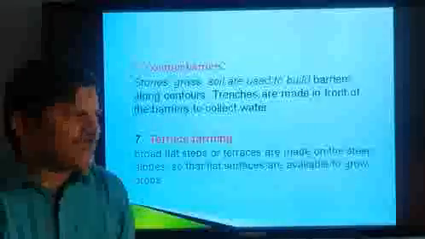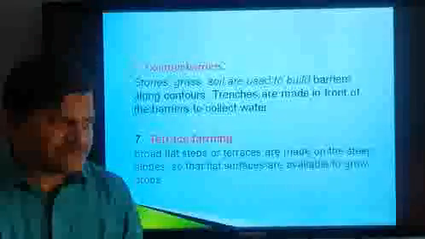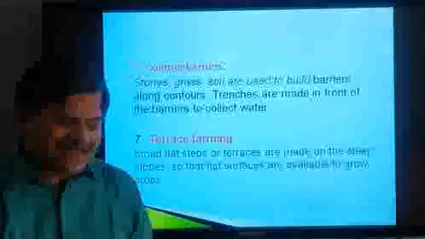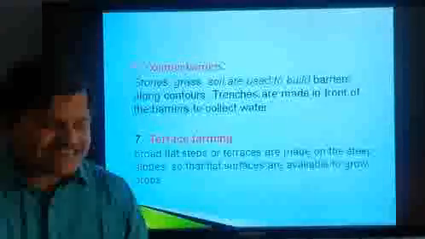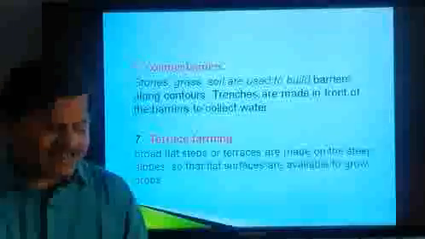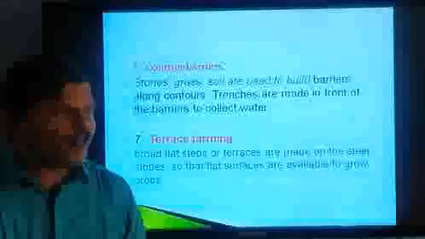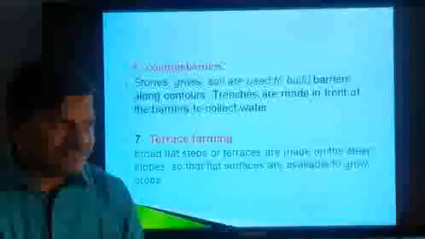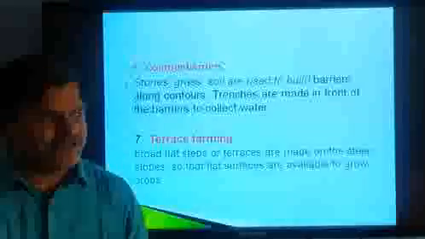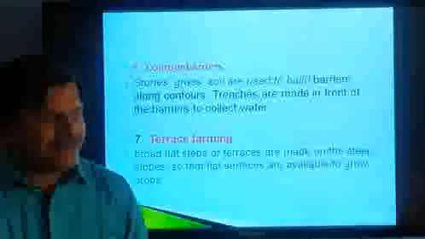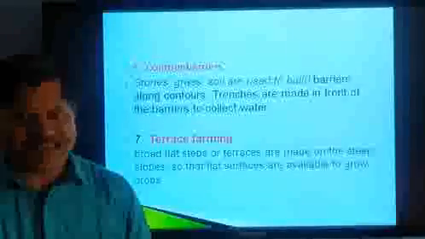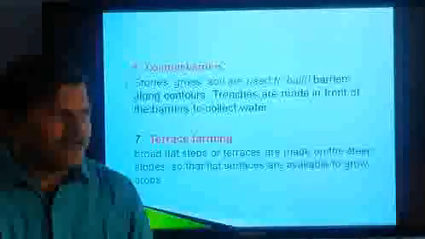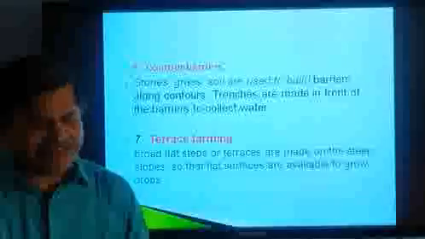Then terrace farming. In some areas, terrace farming is going on. Broad flat steps or terraces are made on the steep slopes so that flat surfaces are available to grow crops. In some cities also, such a method is being adopted, even in residential areas, where they are growing vegetables.